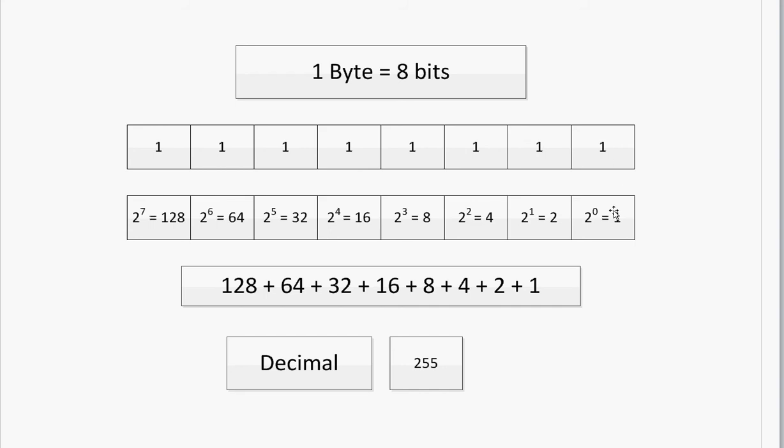The first bit will be 2 raised to 0, the second bit will be 2 raised to 1, that is 2, the third bit will be 2 raised to 2, that is equal to 4, and so on. If you sum all of this, it comes out to be 255. So if all the bits are set to 1, its decimal value will be 255.